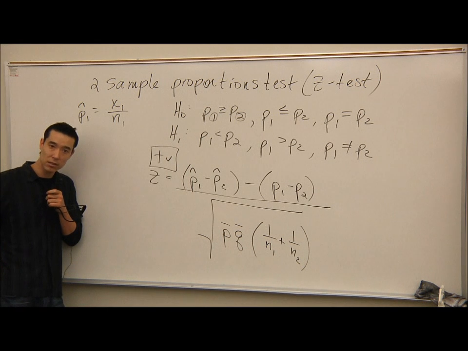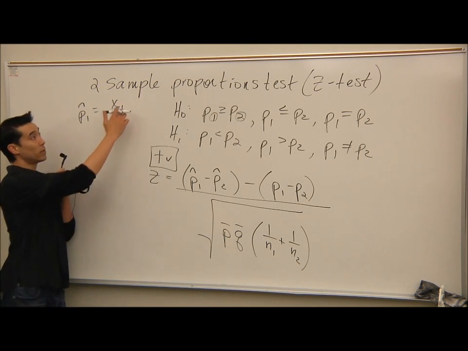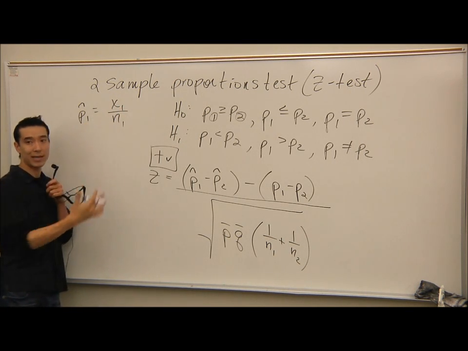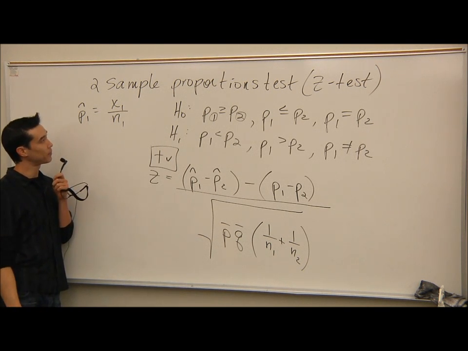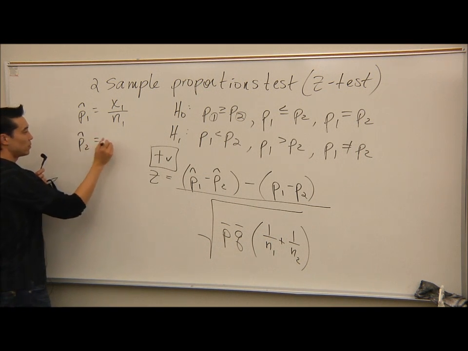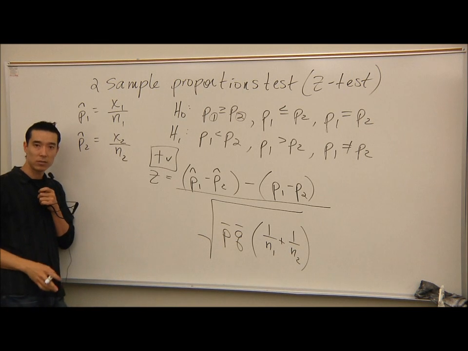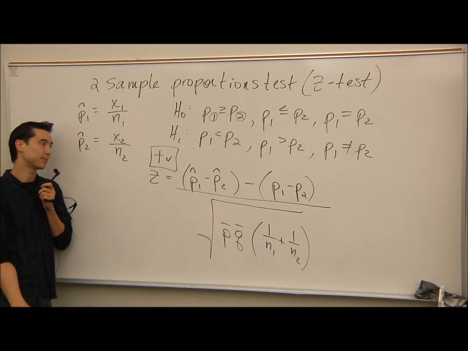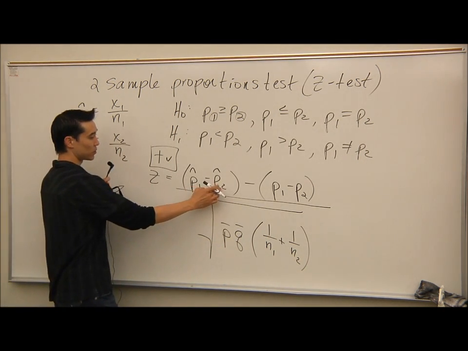For instance, if I took this group of students and say there's 30 of you, and I wanted to know how many of you were left-handed, and maybe 4 of you are left-handed, so it would be 4 out of the 30, and that would be my sample proportion for left-handedness, okay? So then P2 hat would be the number of sample units with the characteristic of interest divided by the second sample size. Okay, so that's a reminder on how I get these sample proportions.